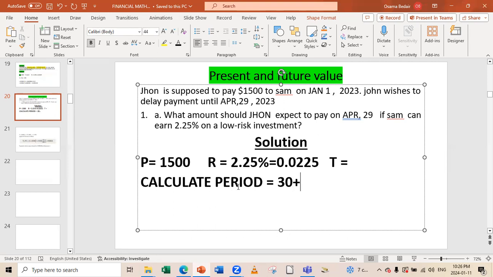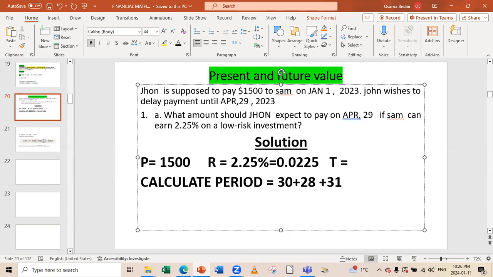Plus, how many days in February? This year is 2023, so February here is 28 days. Then March is all 31 days.